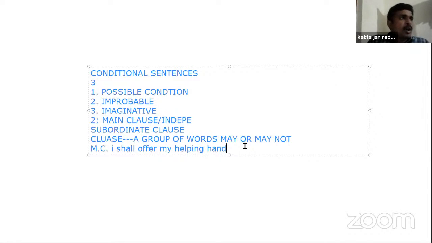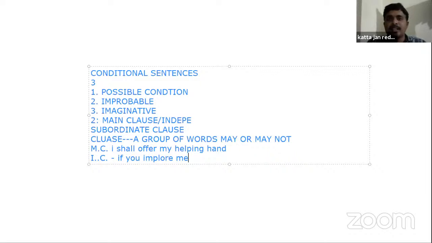I shall give my car to you to have a drive. So this is the main clause which gives complete meaning. And second one, if clause. It is abbreviated as IC. If you implore me, if you implore, means beg. If you beg me, if you ask me, what happens?